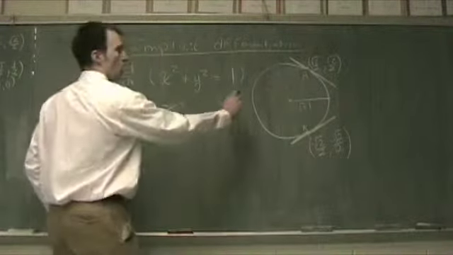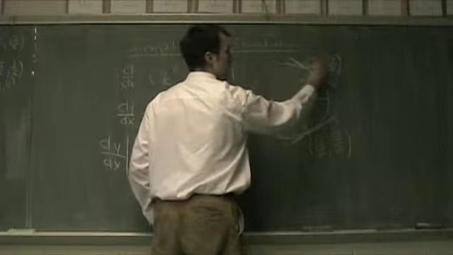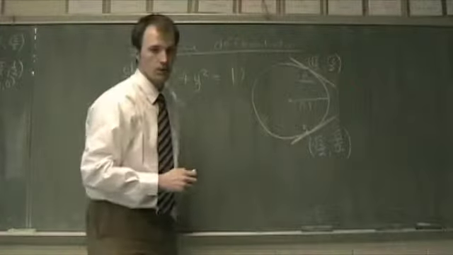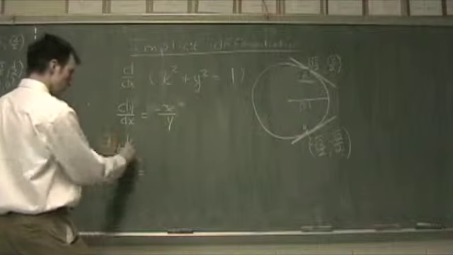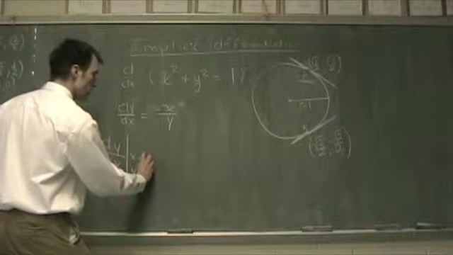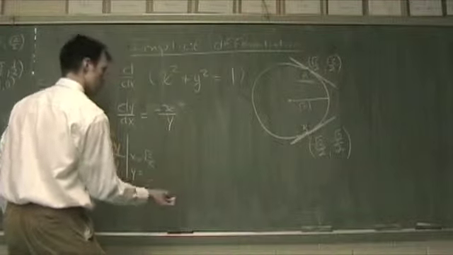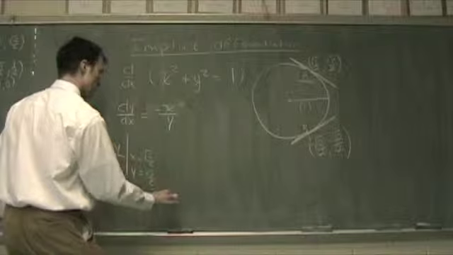Let's take our first point, A, which is at positive square root of 2 divided by 2 for the x, and for the y, positive square root of 2 divided by 2 as well. So x is equal to the square root of 2 over 2, and y is that same value, square root of 2 over 2.